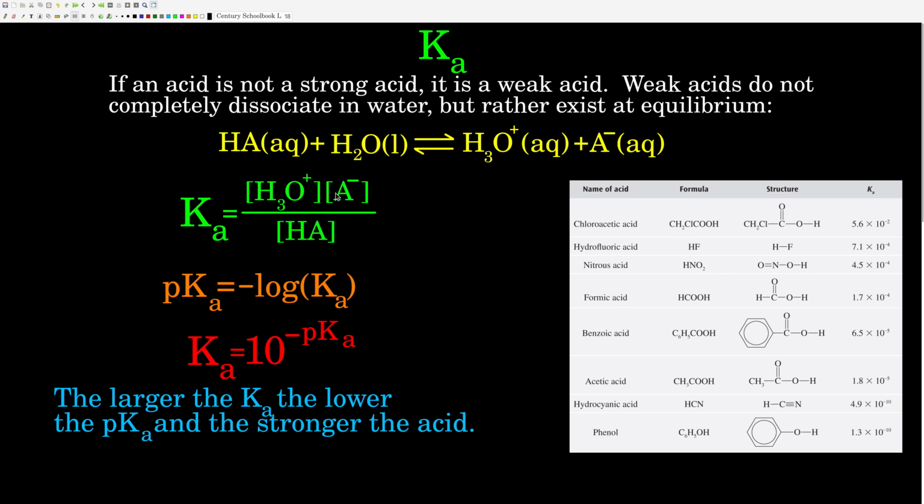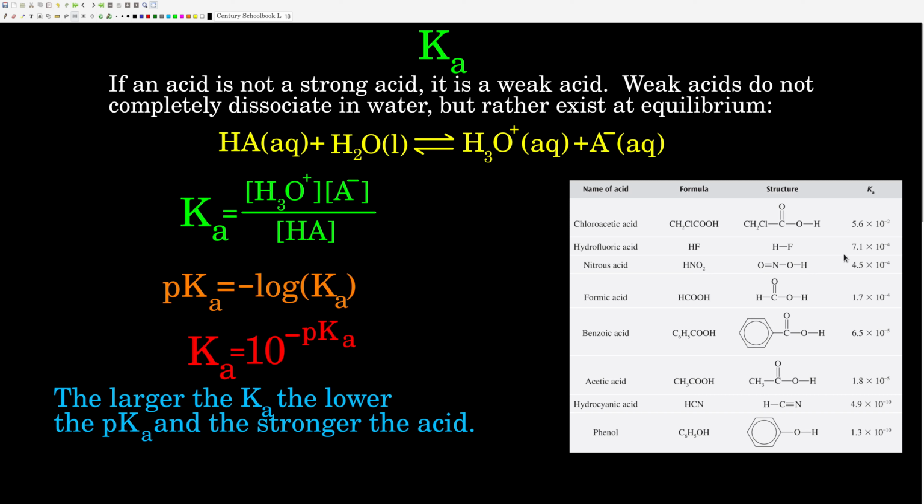The larger the value of the numerator and the smaller the value of the denominator, the larger the Ka, and the stronger the acid. More of that molecule is dissociated into hydronium ion and conjugate base at equilibrium. And because of the way the definition of pKa works, just like pH, the lower the value of the pKa, the stronger the acid.